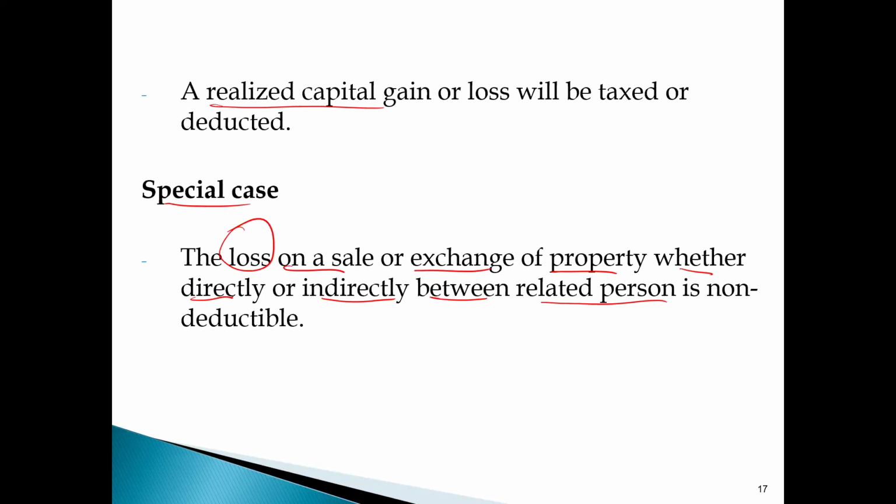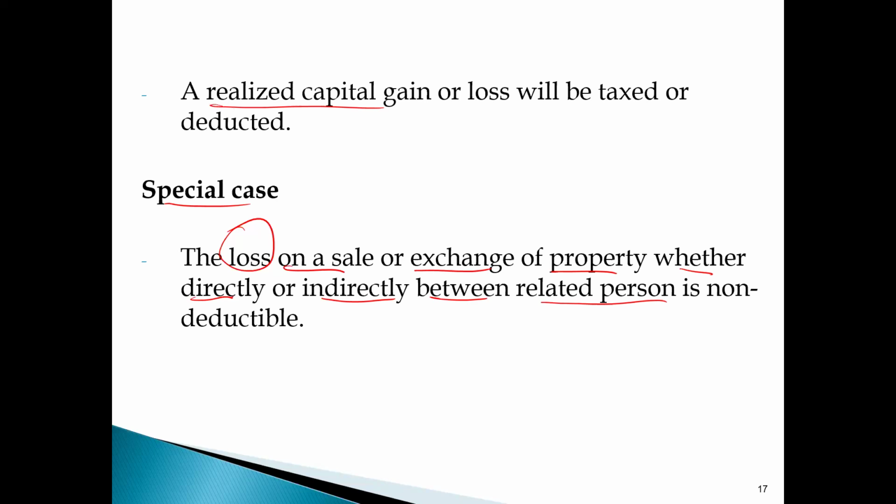Why do they need to have this kind of provision under tax law? Because with a related party, you can negotiate, right? Sometimes you can reduce the price, like with a sibling, or a parent and son or daughter, or maybe you can get it free, or get it at a low price.